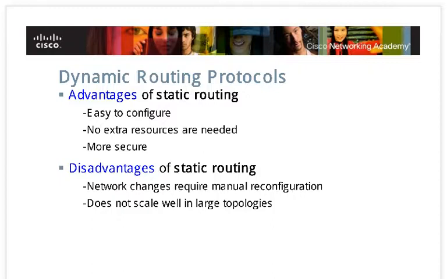It's also more secure, and why is that? Because if you have messages being exchanged between the routers, then you have the possibility that some routers might get compromised. And it's a very dangerous situation, right? Because if one of the routers is compromised, then it will not only affect its own networks, because this router exchanges messages with all the other routers.